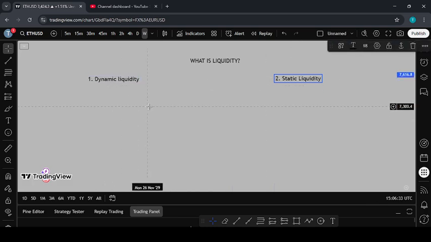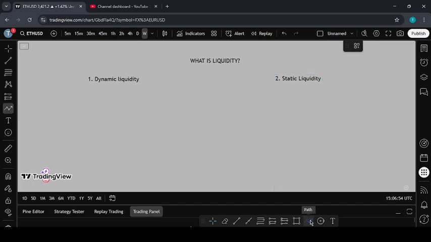So let's start with the first one, which is dynamic liquidity. What it simply means is, dynamic liquidity is just the liquidity that determines market direction and movement. In other words, what makes the market move up or down, the direction. For example, we know if the market's in an uptrend, the market moves this way, right?